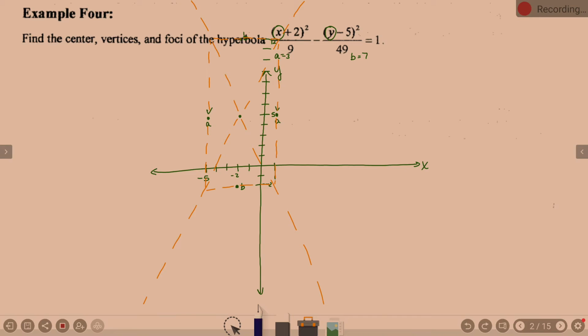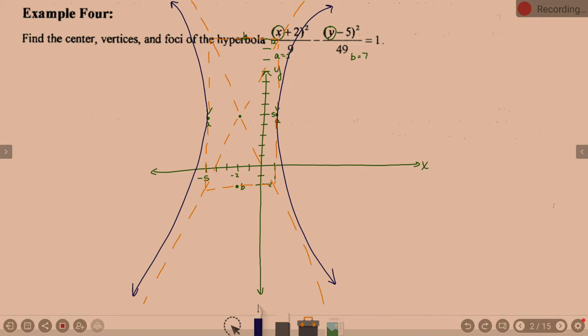X was my first variable. It was my positive variable. And so X means my hyperbolas would be on the x-axis, or equivalent to being on the x-axis. So you're using your A values. These are going to be very wide hyperbolas. Whereas if my hyperbolas went the other way, they'd be more narrow.